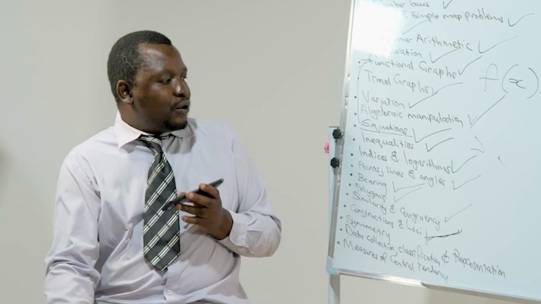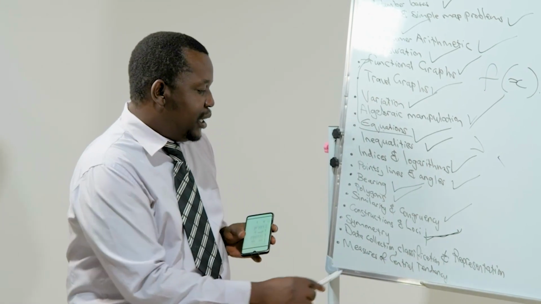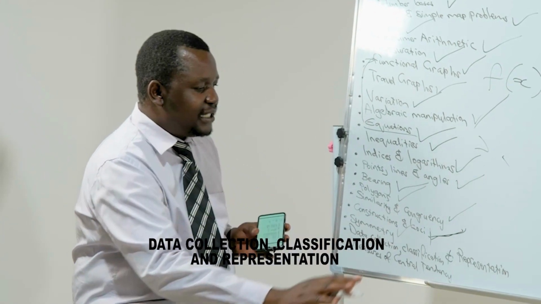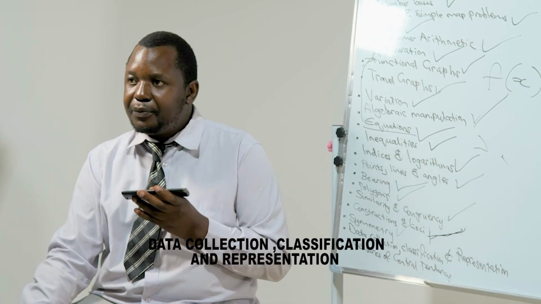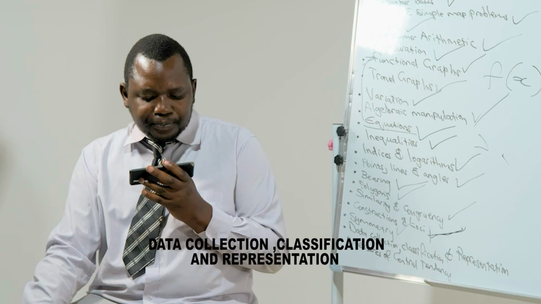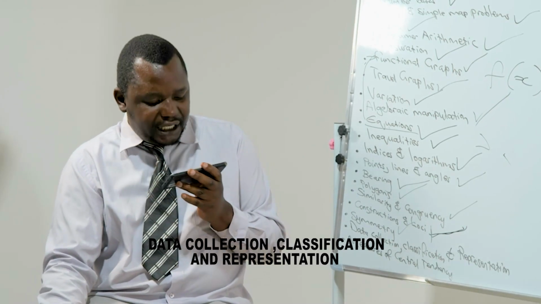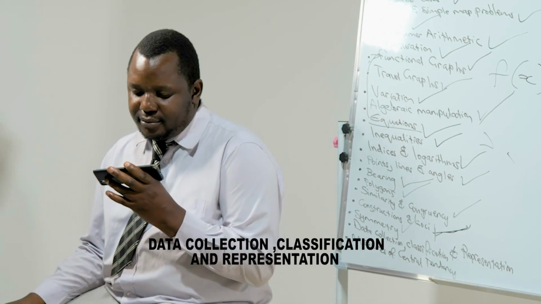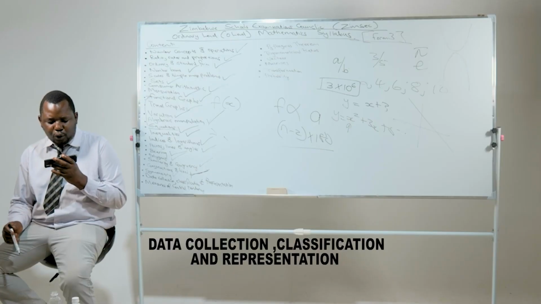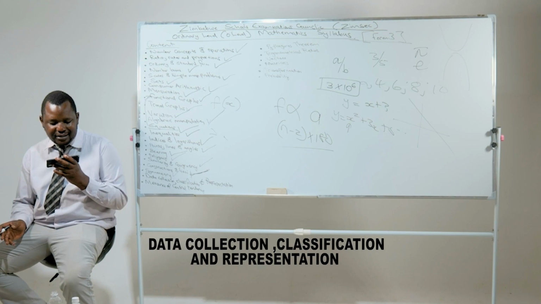Right. Next concept, data collection, classification, and representation. It falls under statistics. Right. So the first objective, we need to collect statistical data. Second objective, we need to group raw data into classes.